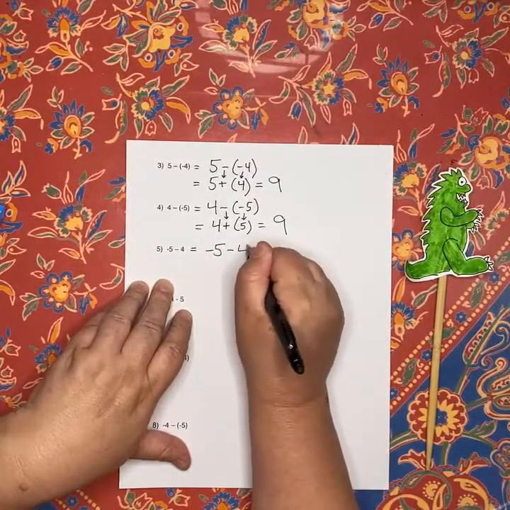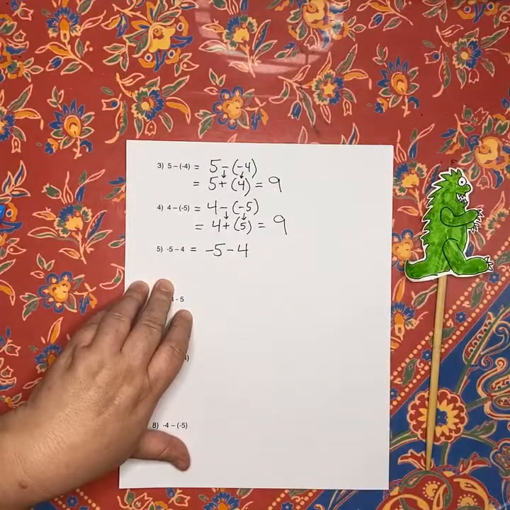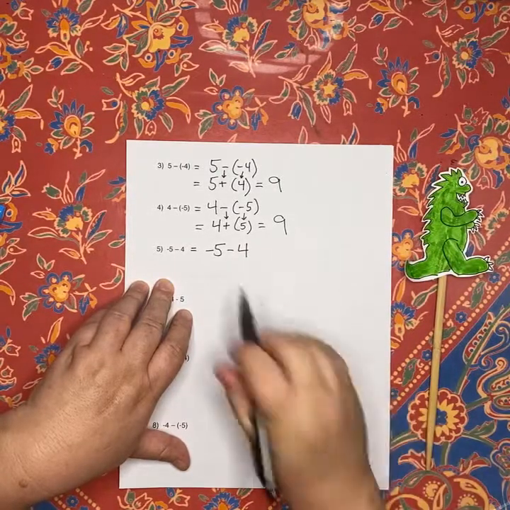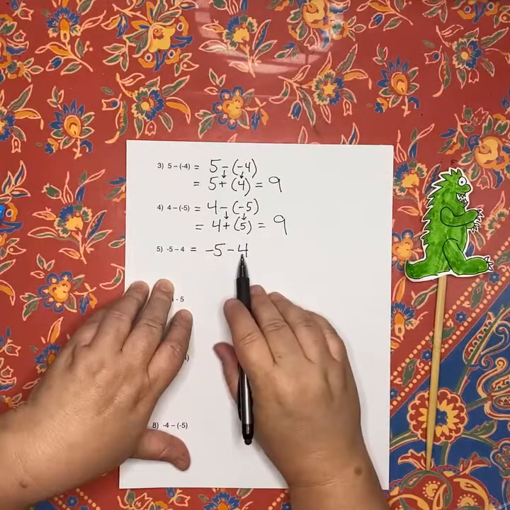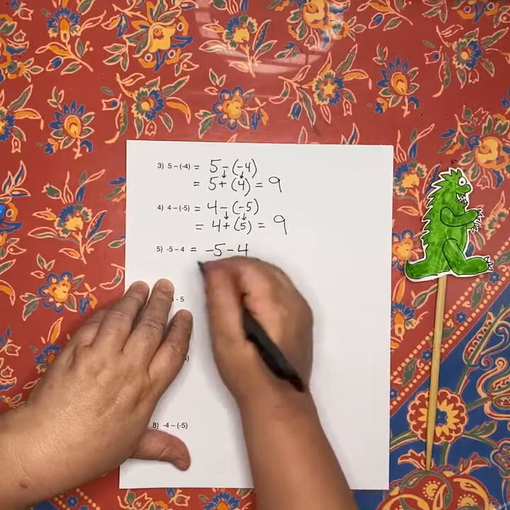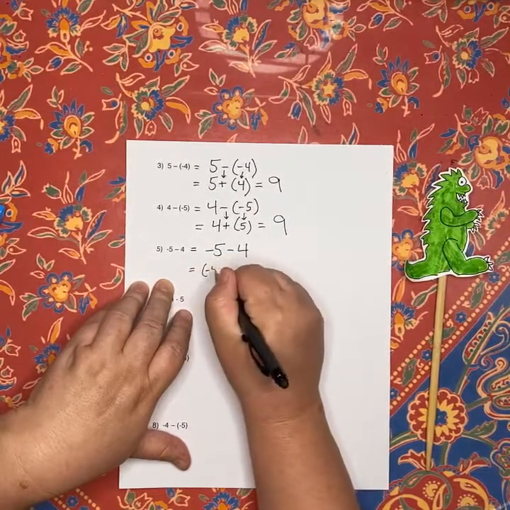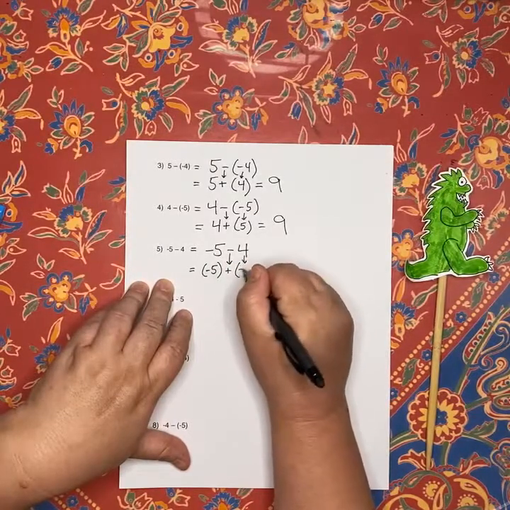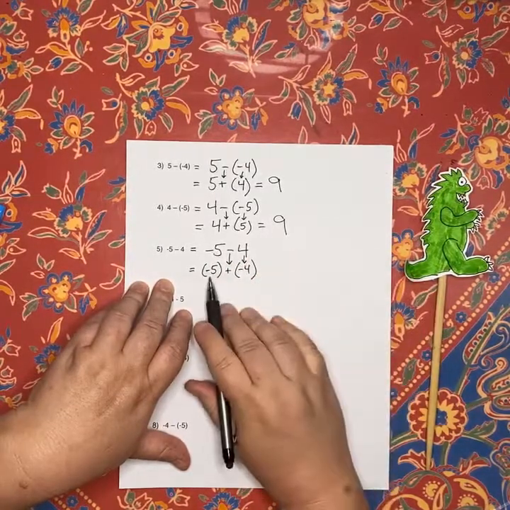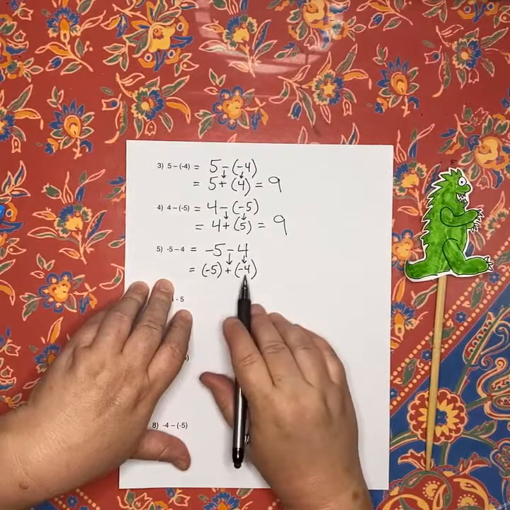-5 minus 4. Now, personally, I might do this with a story. I owed $5. So I spent $5 and I spent $4. Oh man, I spent $9. Another way to look at it is -5, change it to addition, change the 4 to the -4. -5 plus -4, it's 2 minuses.